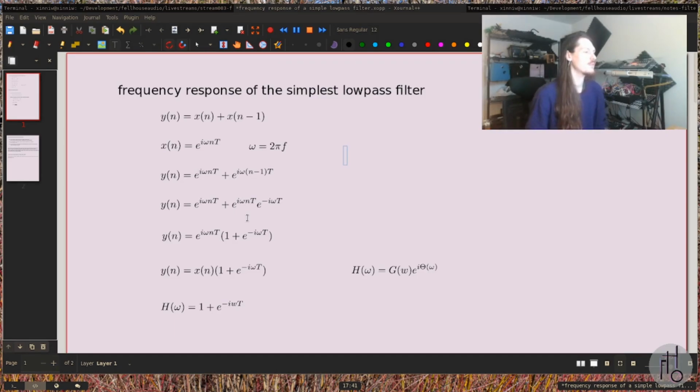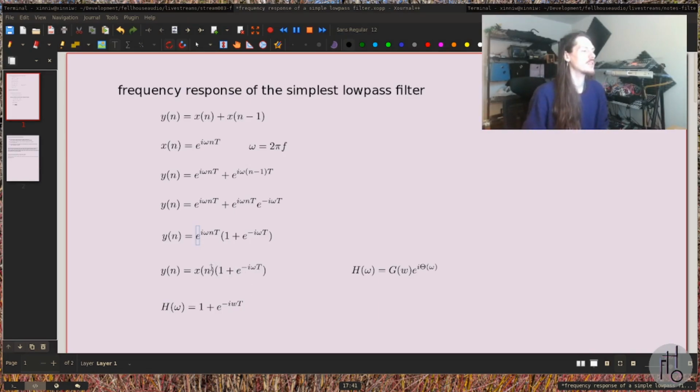We do a little bit of algebra on this, and we pull out some common terms, and we arrive at the signal that we started with times 1 plus e to the negative i omega t. I just rewrote this plugging x of n back in, because I think this lets us see what is happening here. The output signal is equal to the input signal times 1 plus e to the negative i omega t.